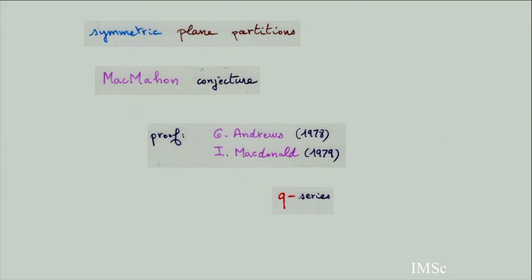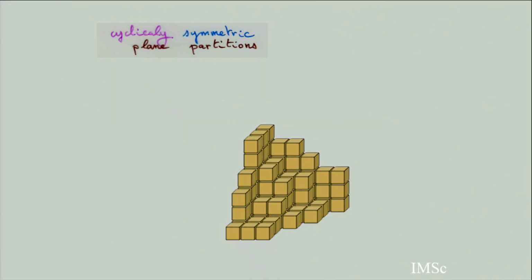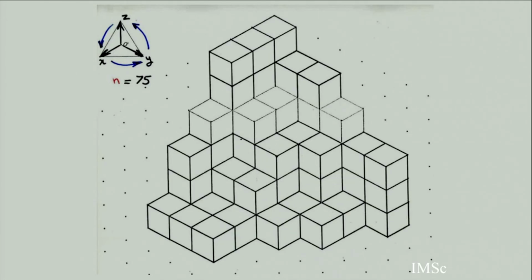There was a formula for the q-series of the symmetric plane partitions, where q counts the number of boxes. This was proved by Andrews and Macdonald in '78 and '79. But maybe there is some other symmetry. Cyclically, you can rotate a cyclically symmetric plane partition. You make some rotation, and this one is invariant by rotation between the three axes x, y, z.